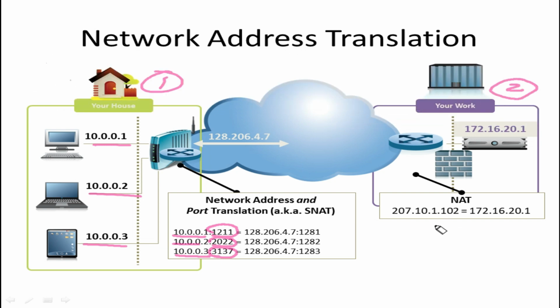And when it is going to the internet, it is going with the same IP, but different ports. So that kind of format is known as PAT, the port address translation, where many private IP ranges can be converted to the public IP range.